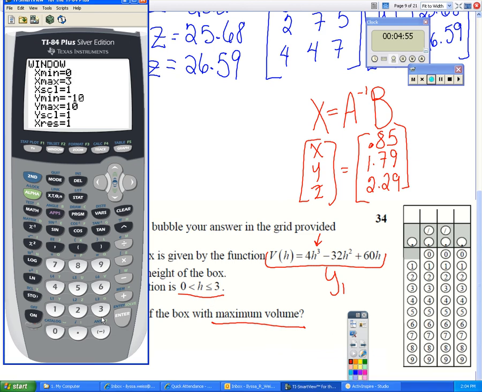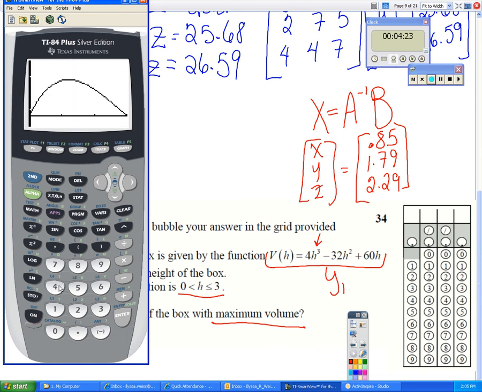And I don't think these are going to be big enough, but I'll come back and change them after I look. Yeah, I can't see the maximum up here, so I'm going to change my Y max. I'm just going to change it to 50, see what that does. Perfect, so now I can see where my maximum is. So I'm going to do a second trace for the calculate menu.